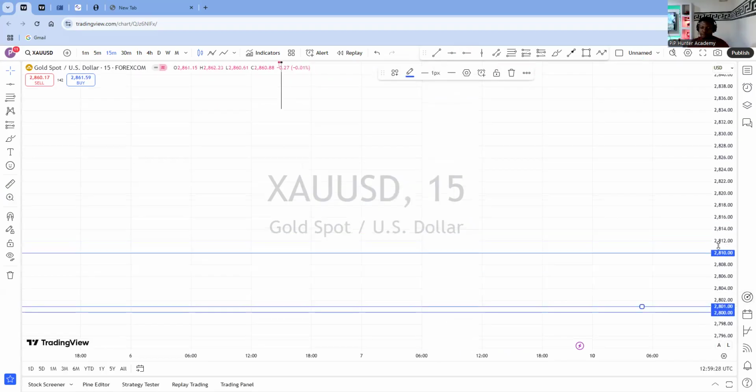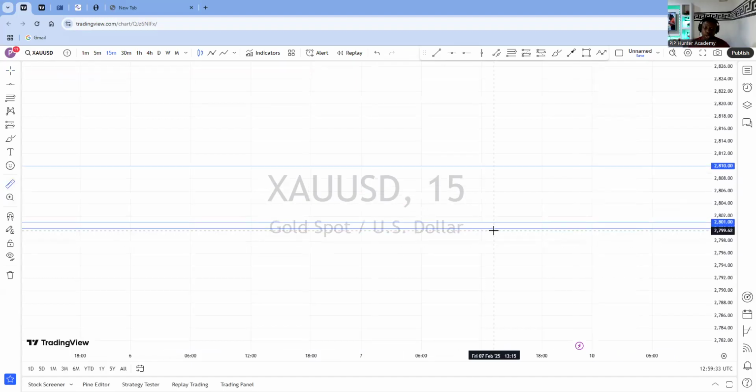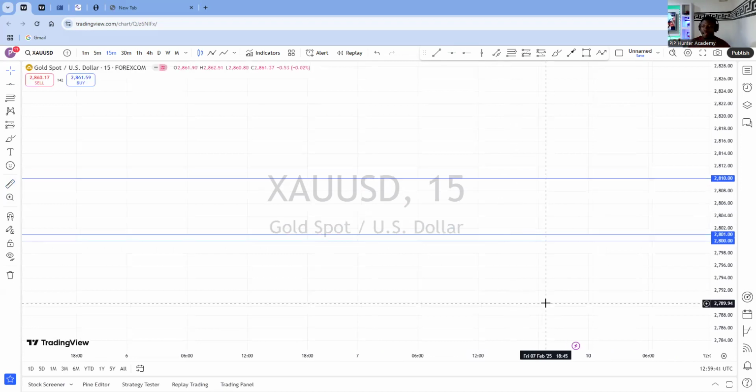That is 10 pips movement. Is it true or not? Now use the measure tool to measure from here all the way to here. Exactly 10 pips. So basically, if you understand it this way, it becomes very, very easy for you.